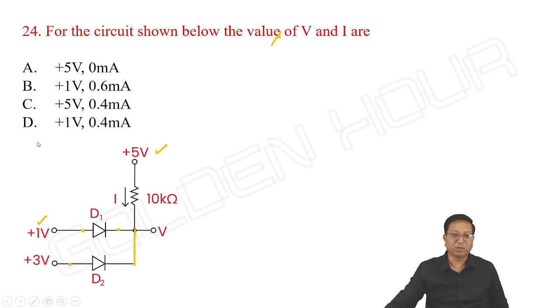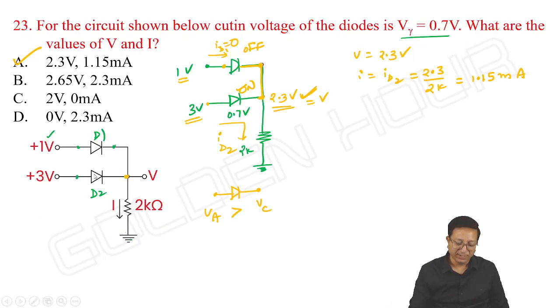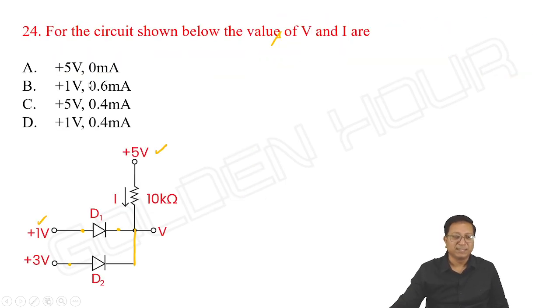First of all, we have to look at the basic condition. In the previous problem, cathodes are at the same potential and both are going towards the ground, and the diode with the highest anode voltage is conducting. But in this problem, the cathodes are at the same potential, but that cathode is going towards 5 volts, which is greater than the anode voltage of either D1 or D2. Anode of D1 is at 1 volt, and anode of D2 is at 3 volts.